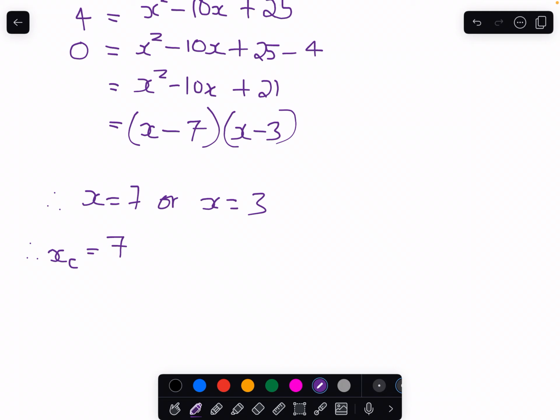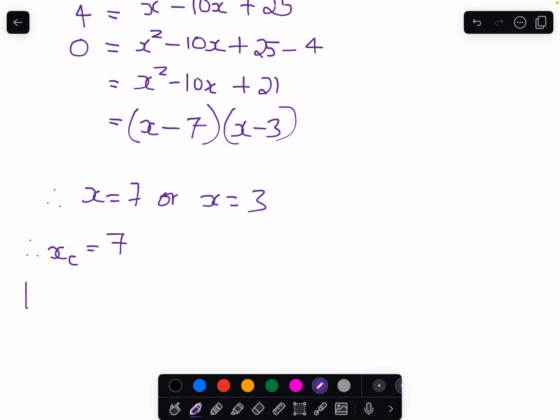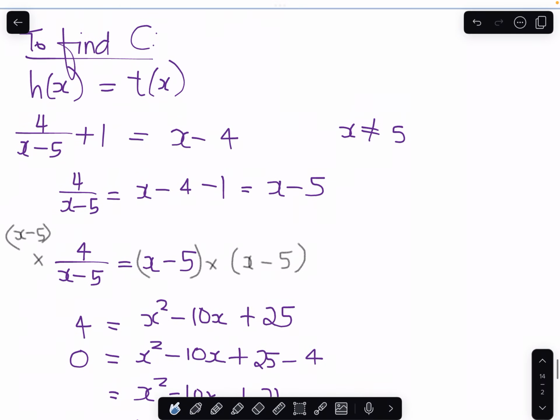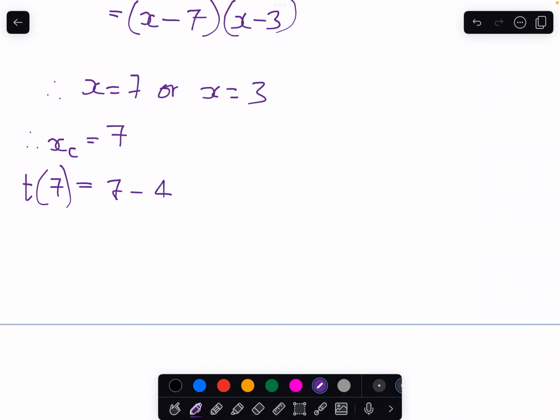And then to find the y coordinate, we can use either equation. In fact, T is easier. So T of 7, what is T of x? T of x is x minus 4, is 7 minus 4, which is 3. So therefore, the coordinates of C are 7 and 3.